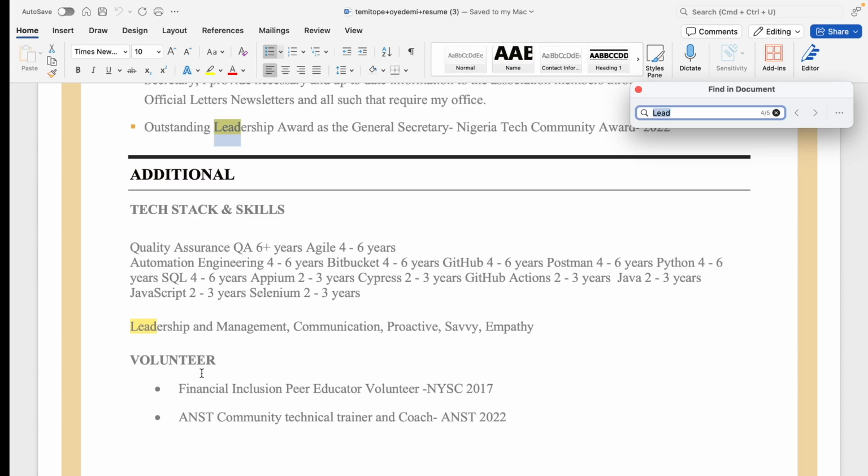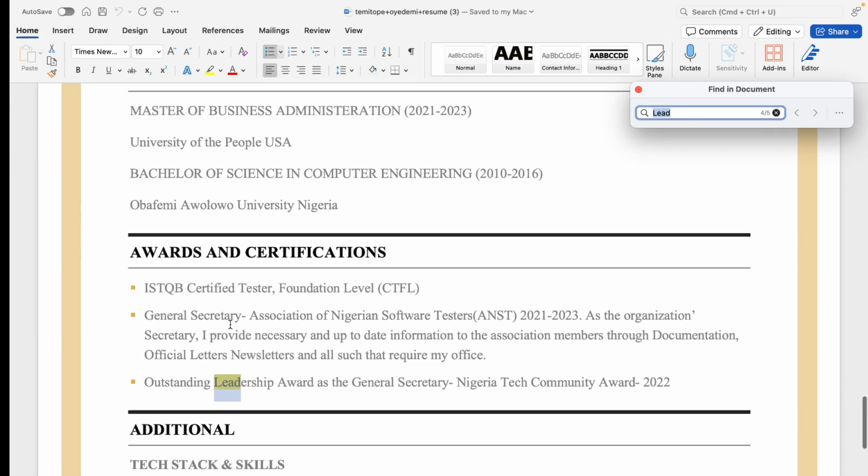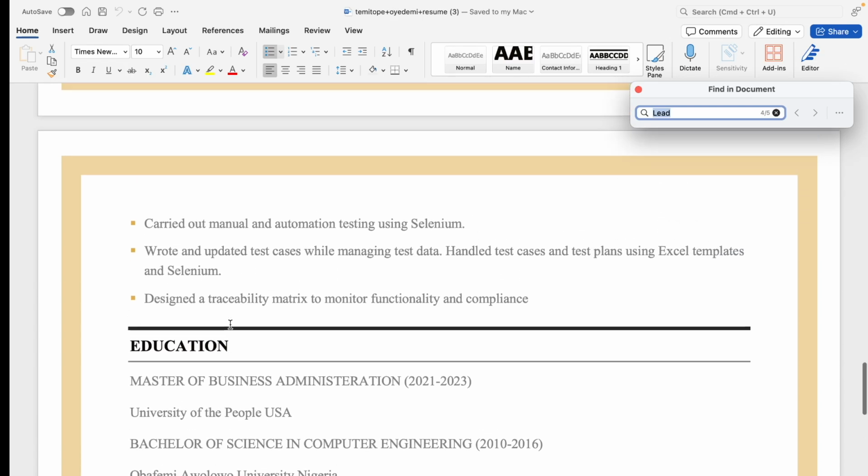I mean, you're well rounded. You're not only tech savvy, you're also doing all of these things, right? So you also indicate them there: volunteer, tech stack, awards and certification, education.